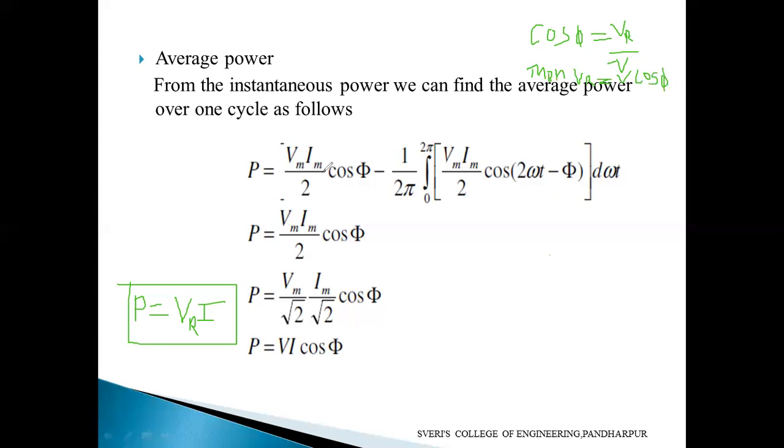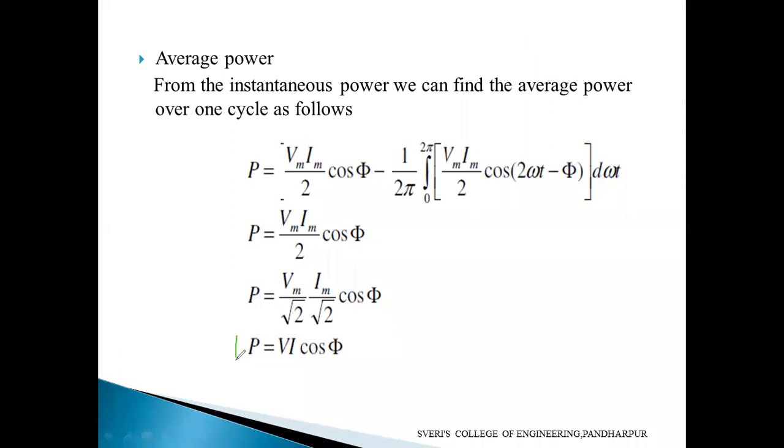Next line. Therefore, average power P equal to VI cos phi. Average power P equal to VI cos phi.